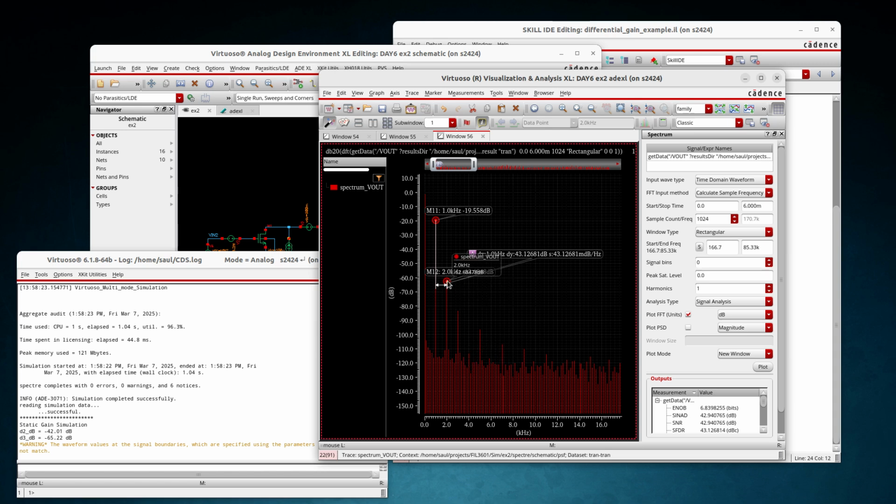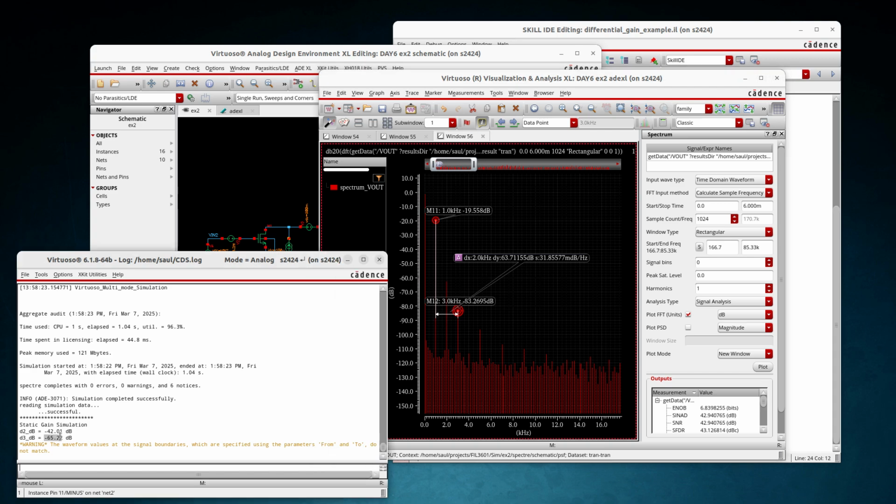Let's take a look at the third order distortion. Then we move to the next harmonic, 3 kilohertz. Then we have that the third order distortion is located almost 64 dB under the fundamental, and our equation predicts minus 65 dB.